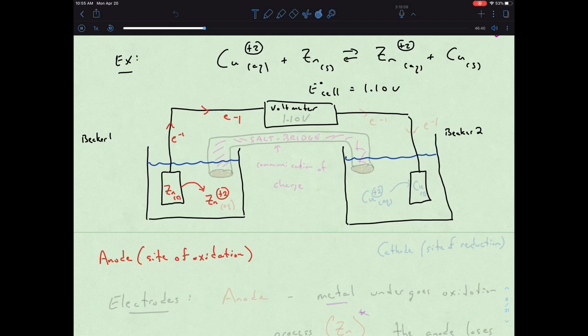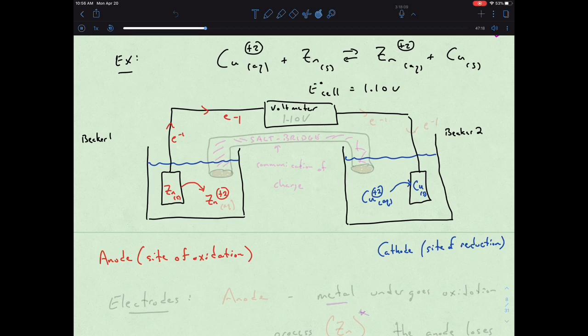On the other side, we have what's known as the cathode. And that would be the site of reduction. So a reduction from that reaction above was the copper plus 2 going to produce copper solid.